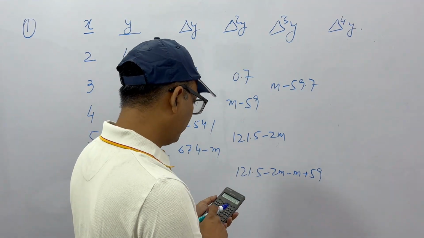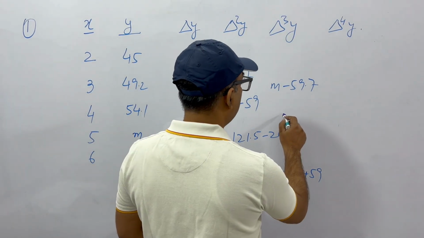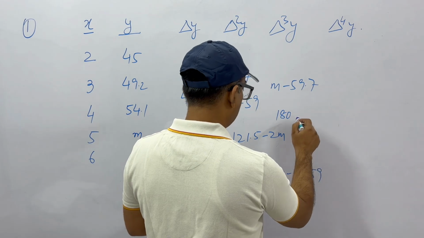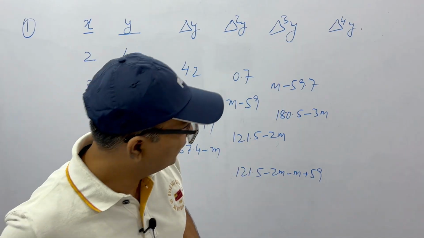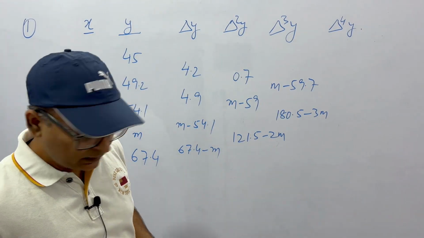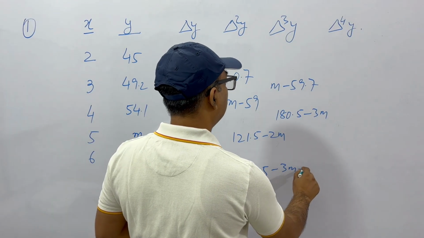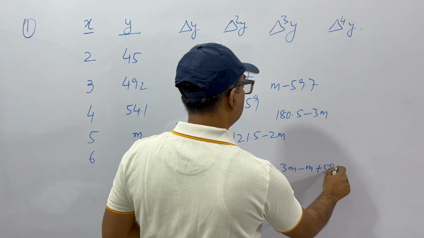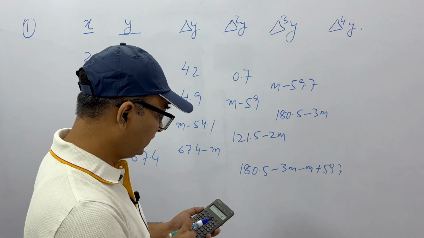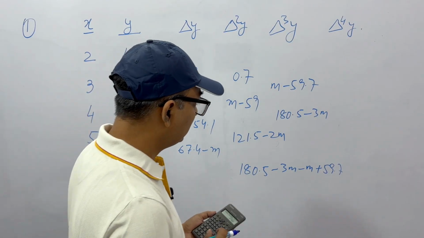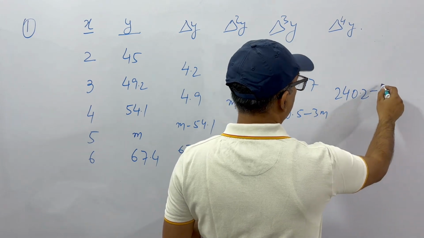So what do we get? We get 121.5 plus 59, that is 180.5 minus 3m. Now the final value, what will this be? This will be this minus this: 180.5 minus 3m minus m plus 59.7. So let's see, this is 180.5 plus 59.7, that is 240.2 minus 4m.